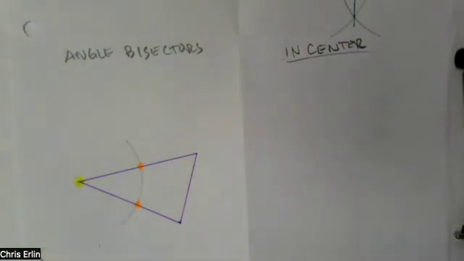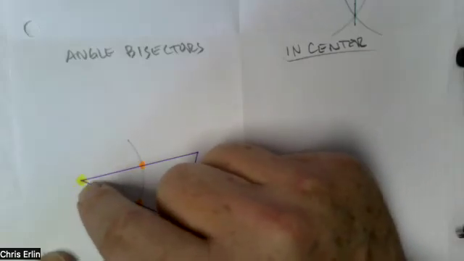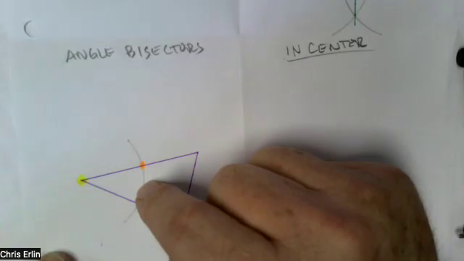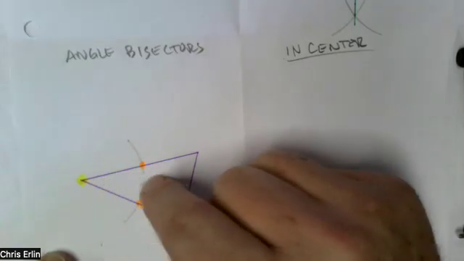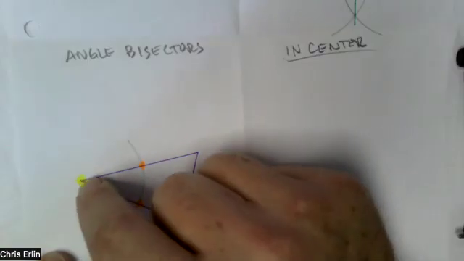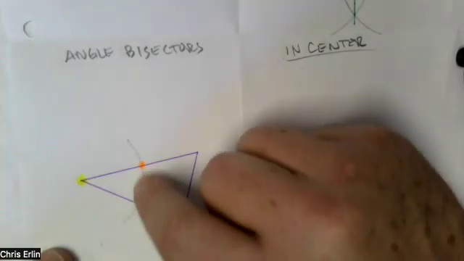We remember from our isosceles triangle theorem that if I bisect the base and go up to the top, that's the same center that we use to make the isosceles triangle theorem. In other words, it's an angle bisector, it's a median, it's an altitude, and it's a perpendicular bisector. So we're going to pretend that there's a segment between these two things and do exactly the skill that we did before.